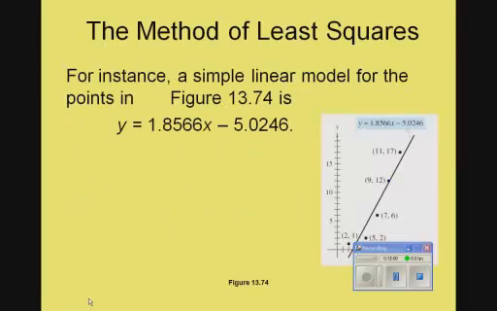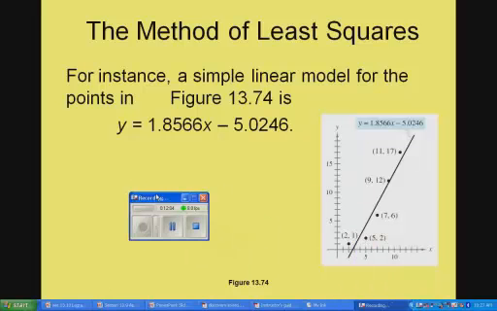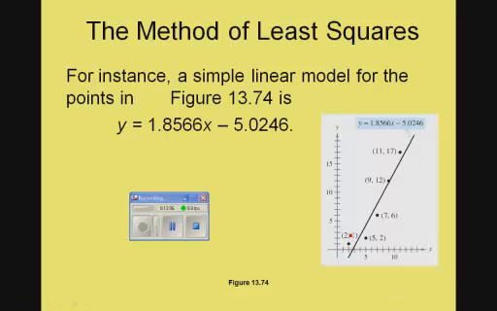Okay? And here's the idea. Suppose you have some data points. So here are, let's see, how many data points? 1, 2, 3, 4, 5 data points, right? And you might say, well, I want to model those data points with a linear equation. So what do I do?